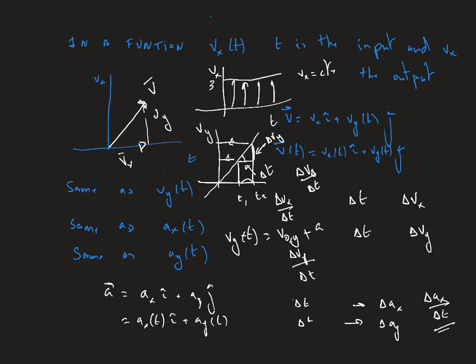The acceleration is the slope here, dVy divided by dt. So the equation for this rectilinear line is Vy of t equals V0y, plus the acceleration, that is the slope, which I can put like this because it's constant, dVy divided by dt, multiplied by dt.